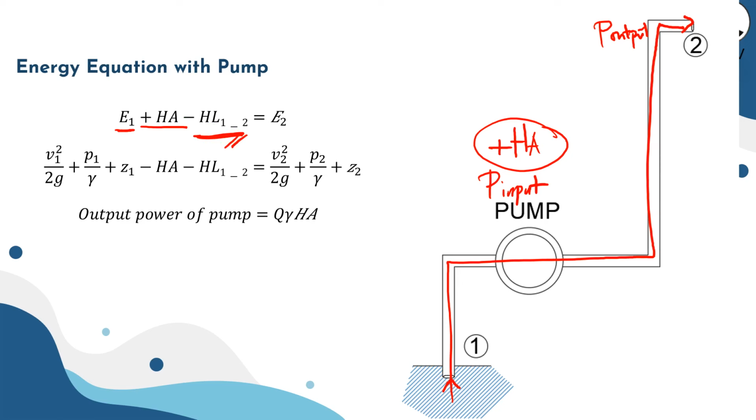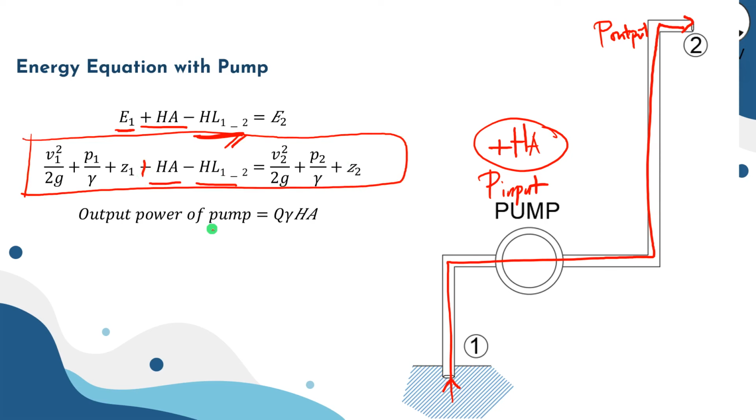So again, taking the sum of the velocity head, pressure head, and the elevation head, and including the head due to the pump and the head loss, this will be our equation, considering the head due to the pump.